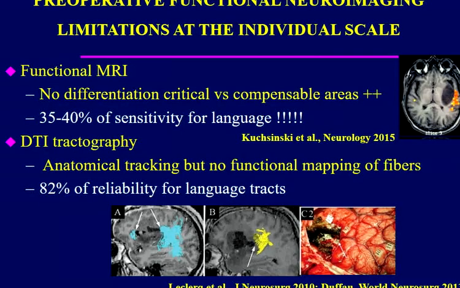However, we also have to understand that functional imaging is not reliable, especially at the individual level. Indeed, we demonstrated that the reliability was approximately 80%, and this is true especially for DTI. You know, there is probably a new paper in Nature Communications telling that, in fact, tractography is not reliable.